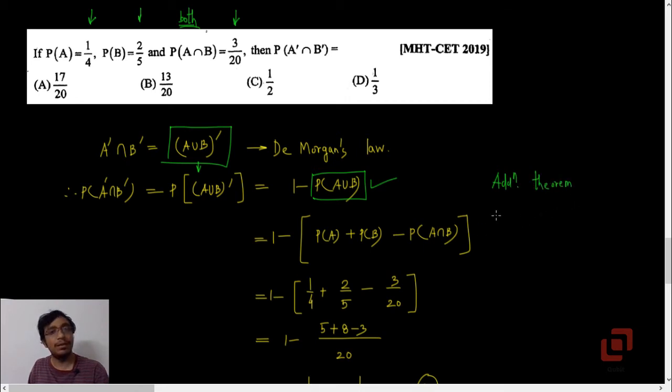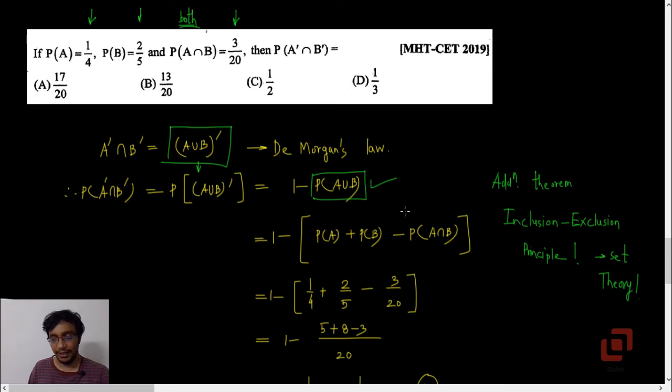Which is a simplified version of the inclusion exclusion principle. If you don't know this, you can just search this in any book or on the internet. All right. So this is from set theory, but it does come in probability as well, the addition theorem.